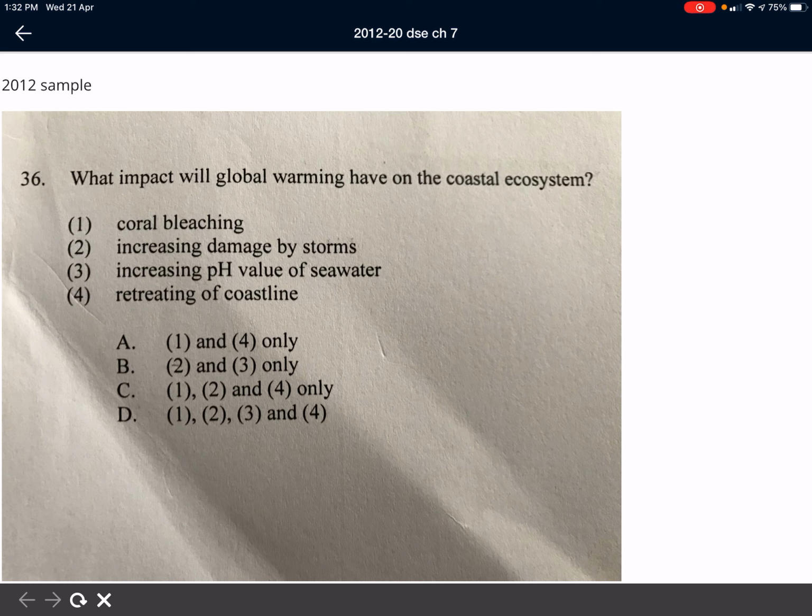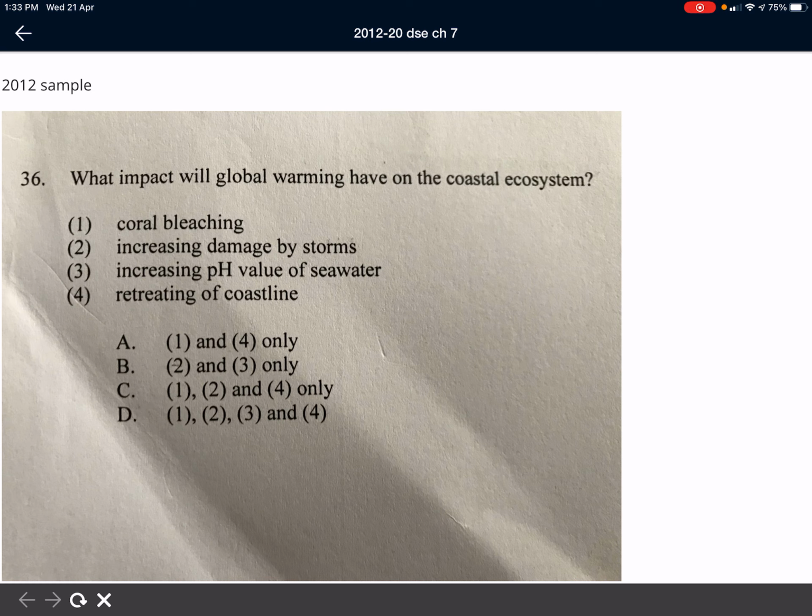the pH value should be reducing because it's going to be acidic instead of being alkaline, because the lower the pH value, the more acidic. If it's higher, then it is more alkaline. Okay, so retreating of coastline is also a problem, and so the answer is 1, 2, 4.